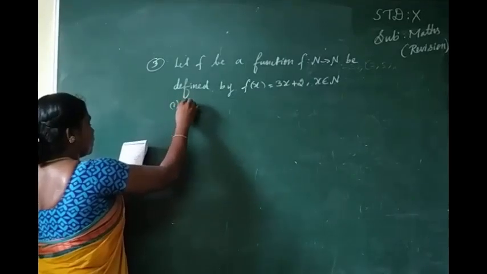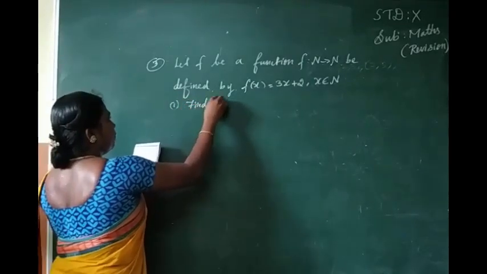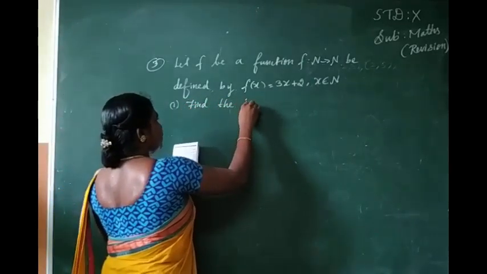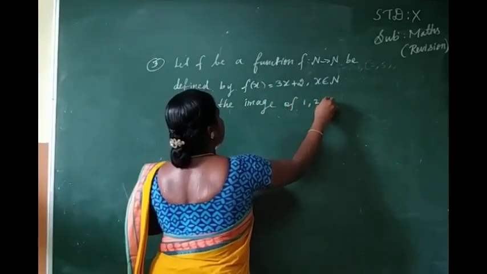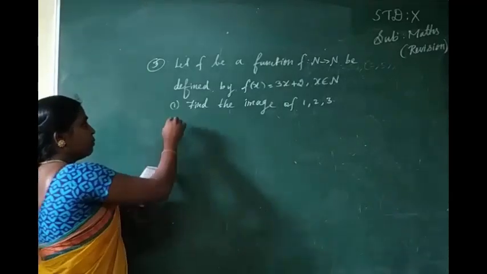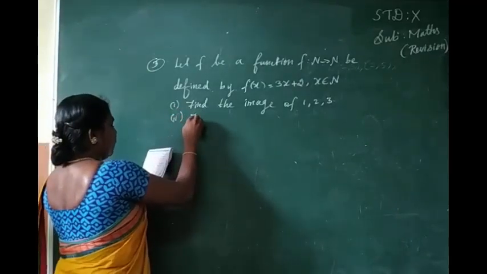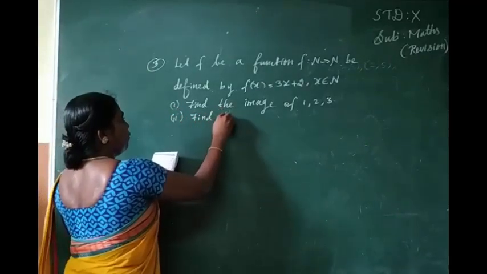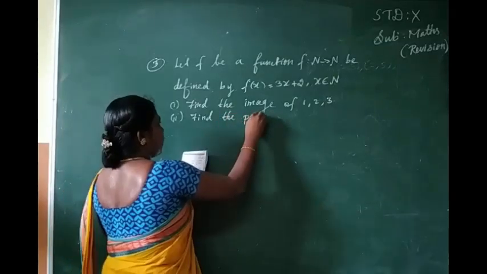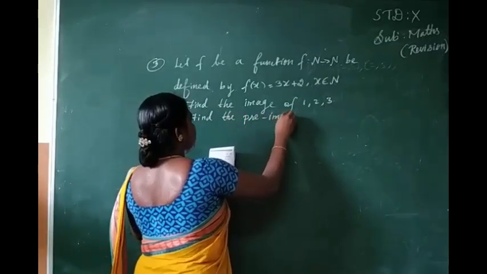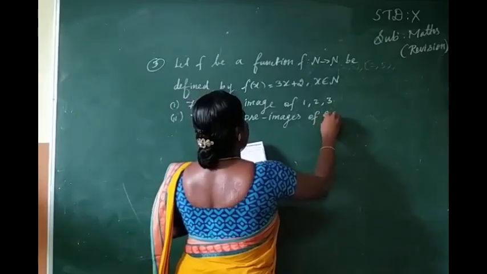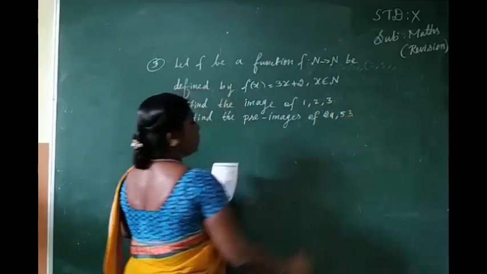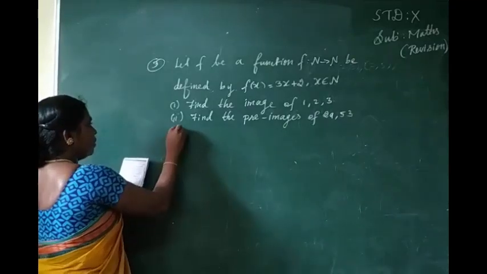First subdivision is find the image of 1, 2, 3. Second subdivision is find the pre-images of 29, 53.